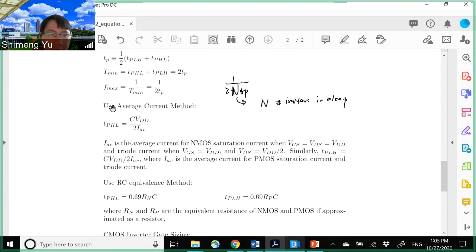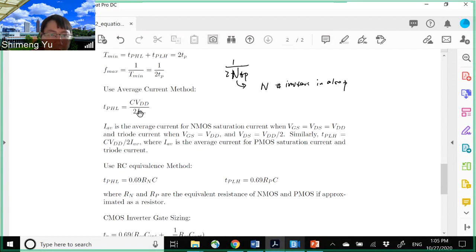To calculate TPHL or TPLH, the first method is the average current method. It's C, the capacitance of the node, times VDD, divided by 2 IAV, where IAV is the average current. The average current is between the initial current, typically a saturation current, and the final current, typically a triode current when the drain voltage is half VDD.